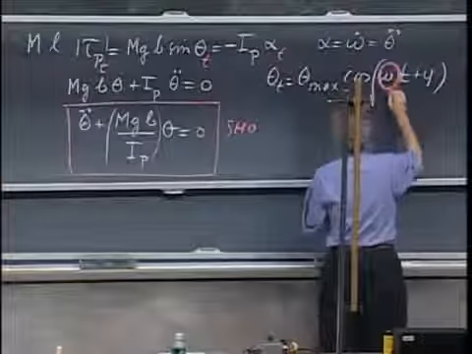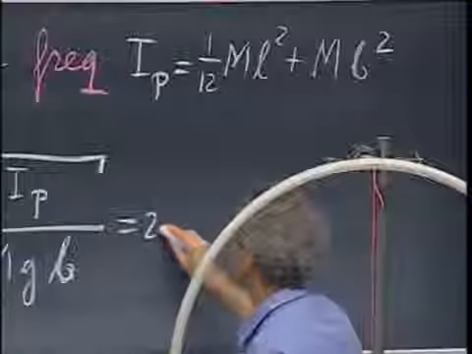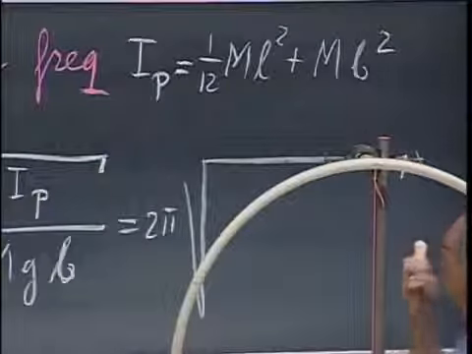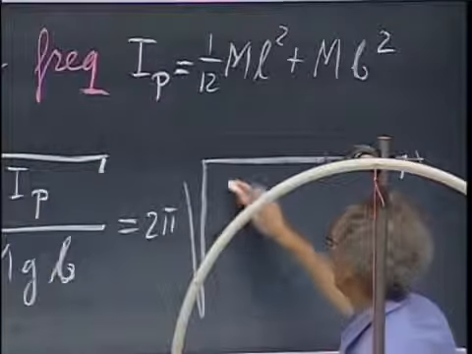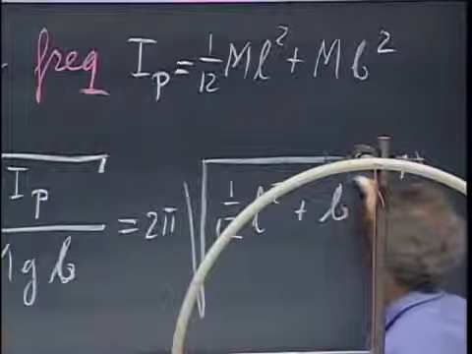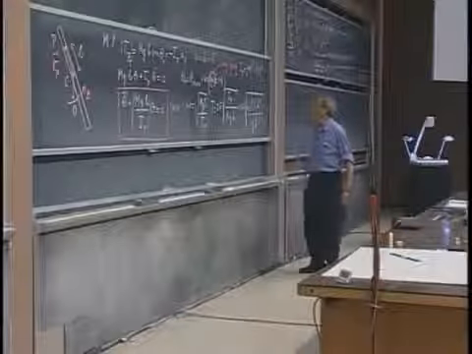We did something similar there. So this is 1/12 ml squared plus m times b squared, parallel axis theorem. And so now we find that the period is 2 pi times the square root of, I lose my m, so I get 1/12 L squared plus b squared, and I get here gb.